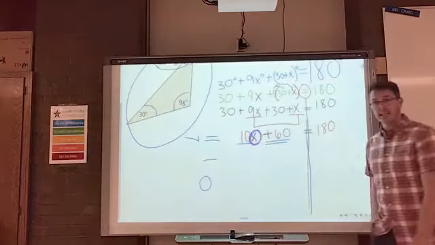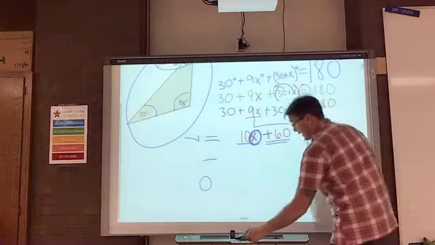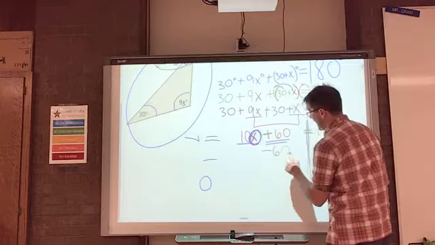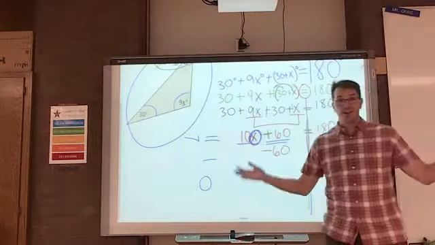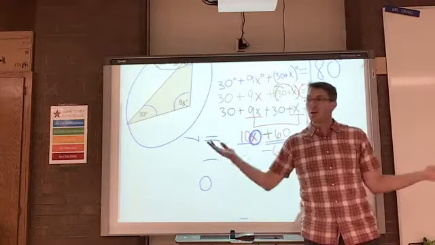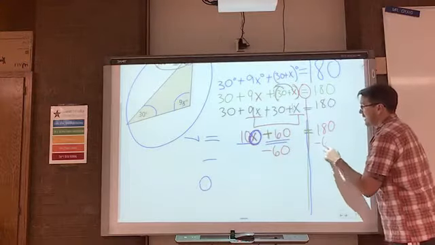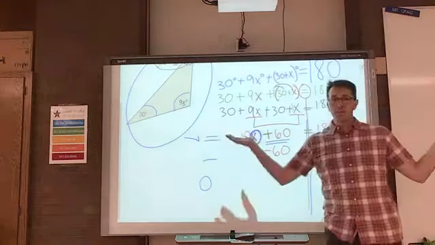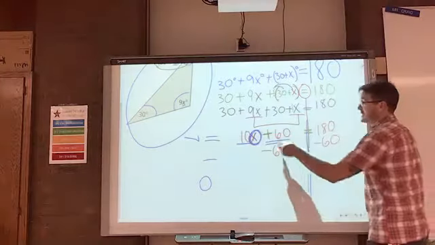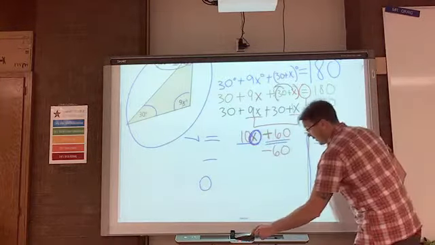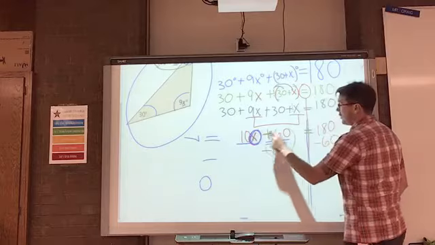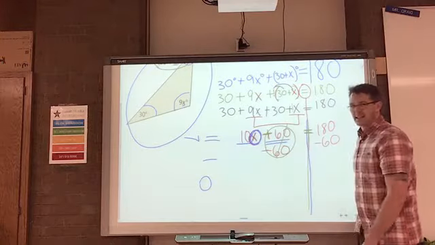How do I get rid of plus 60? Minus 60. If I minus 60 from this side, I have to do it to the other side because, like a teeter-totter or a seesaw, depending on where you came from, or a double balance beam, you have to do it to both sides. 60 minus 60, well, that is 0. But I don't need to write the 0 down because that's silly.